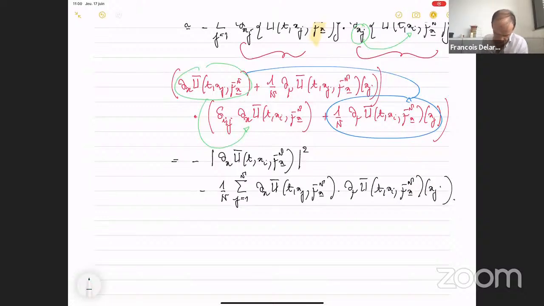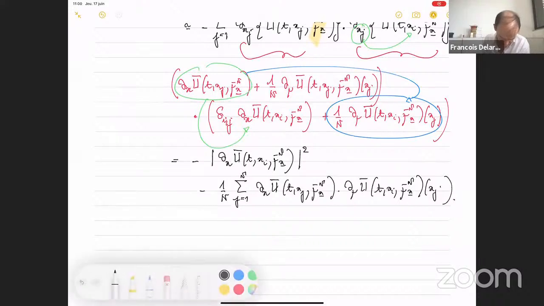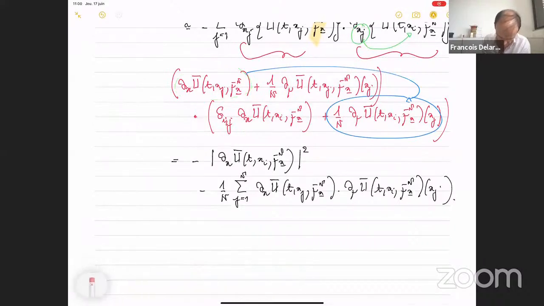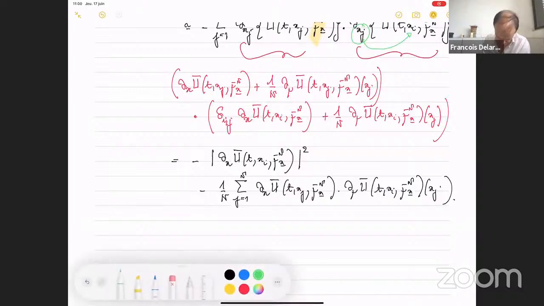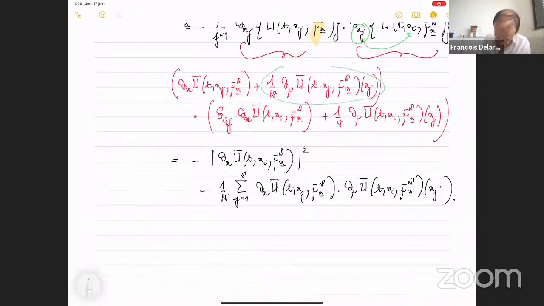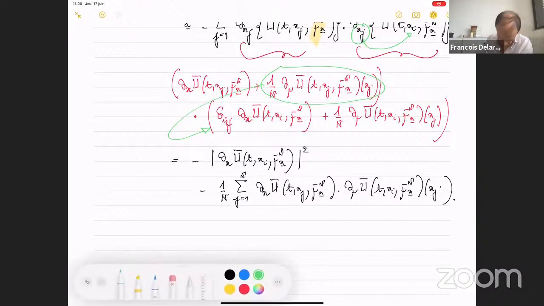Good. Now what about the other ones? Now I have this one here that is acting on this one. But there is only one guy in this story because i is required to be equal to j. So at the end of the day, I am left with capital O of 1 over N.